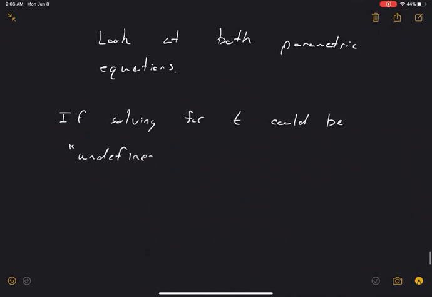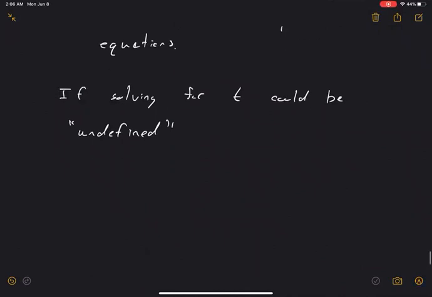If solving for t could be undefined in one case, solve the other way. Okay, what do I mean by that?